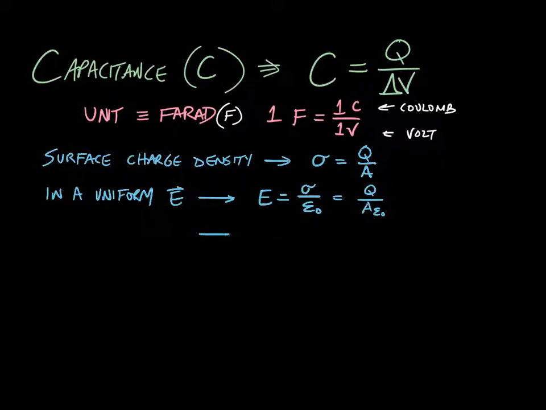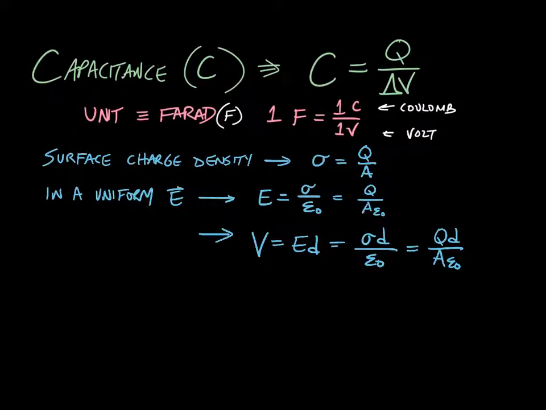And also in a uniform field, voltage equals the electric field times distance, which means you're going to get that surface charge density times the distance between the plates per epsilon naught, or Q per A, or QD per A epsilon naught. So these are just some formulas that we'll end up using as we go along.